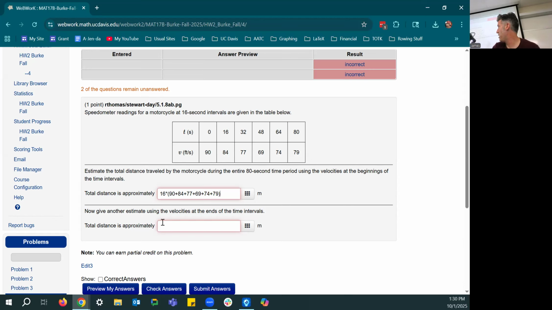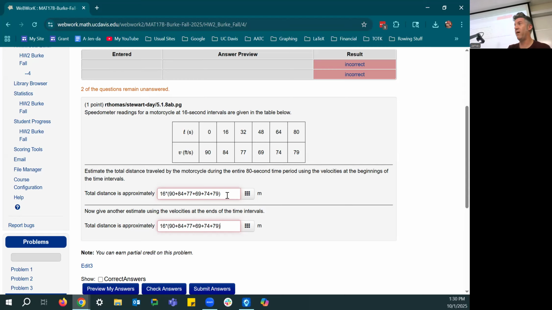In a similar way, if we're using the velocities at the end of the time intervals, we could copy this, paste it, and say we want to use the ends of each time interval. So instead of 90, 84, 77, 69, 74, we want to start with 84 and end with 79. I did too many.